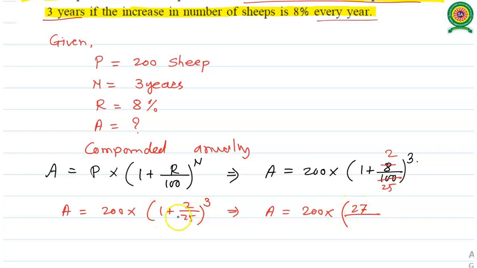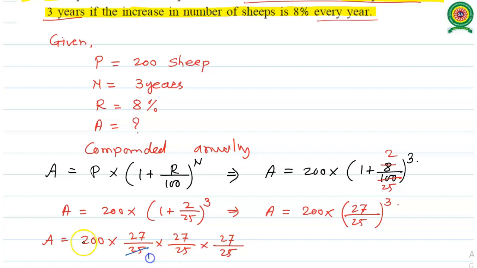Let's do the cross multiplication in the bracket: 27 divided by 25 the whole cube. Now the whole cube means multiplying it 3 times, so we get 200 into 27 divided by 25 into 27 divided by 25 into 27 divided by 25.